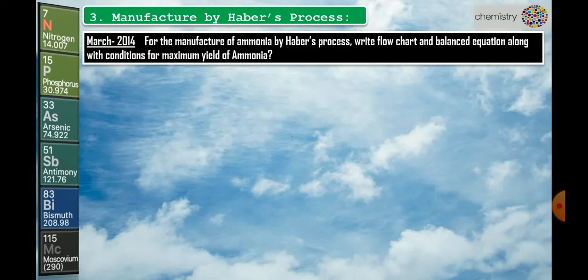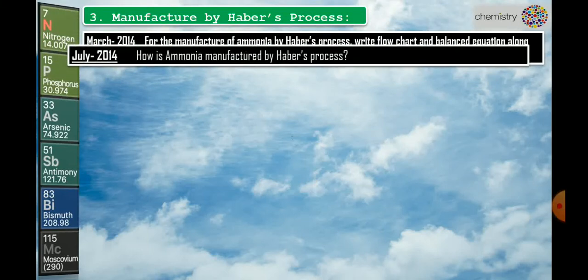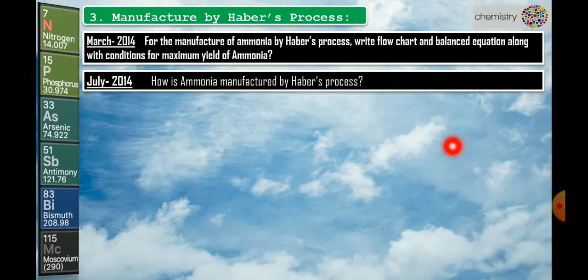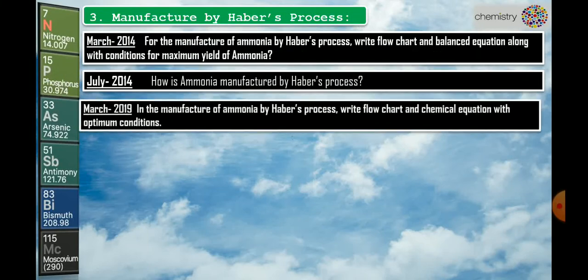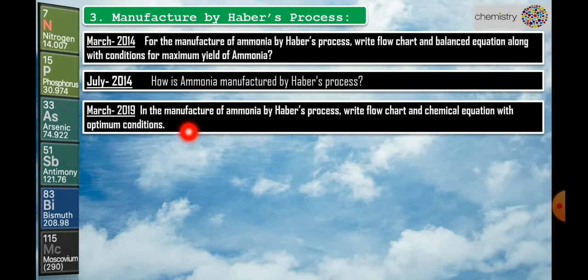Very important. In July 2014 also the same question was there. How is ammonia manufactured by Haber's process? Then you need to draw the flow chart, you need to write the equation along with the conditions. Again that carries 3 marks. In March 2019 there was a question like this: in the manufacture of ammonia by Haber's process, write the flow chart and chemical equation with optimum conditions.